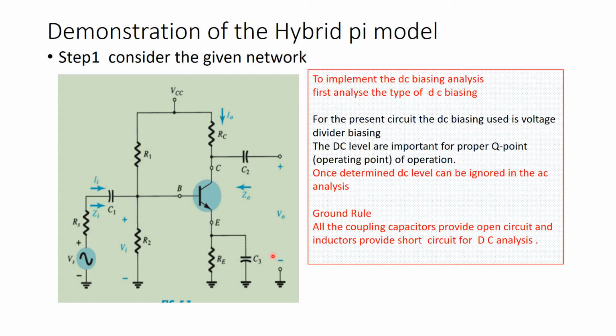The very important rule is that all the coupling capacitors provide open circuit and inductors short circuit for AC analysis. So C1 and C2 are the coupling capacitors and C3 is a bypass capacitor, so even this will be shorted.